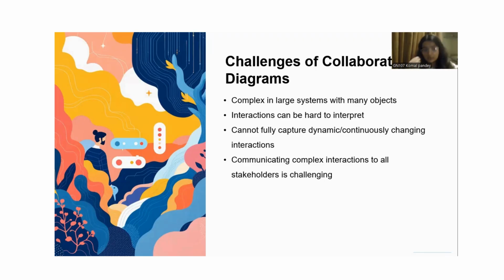Dynamic or changing interactions aren't fully captured. Making complex diagrams clear for all stakeholders can be a bit tricky. Despite all these challenges, they remain a powerful tool for understanding and documenting system interactions.